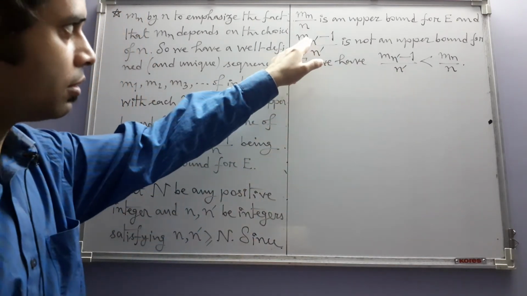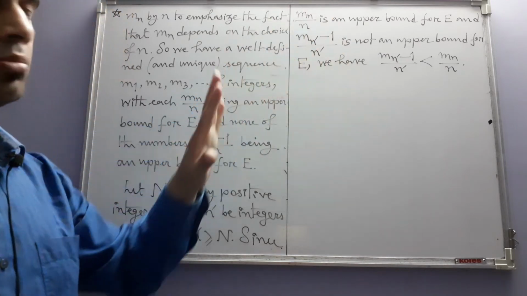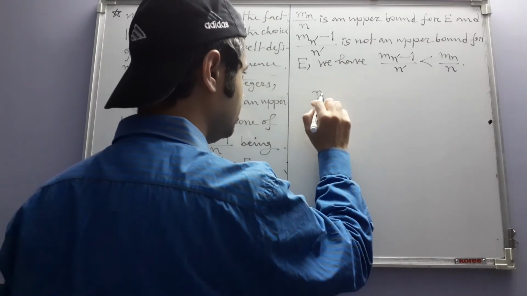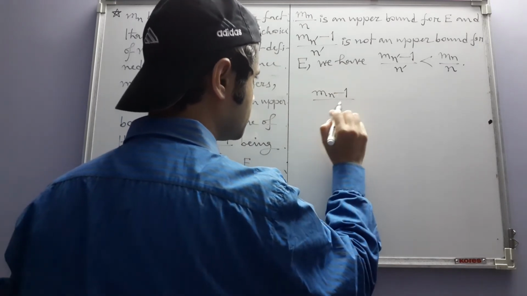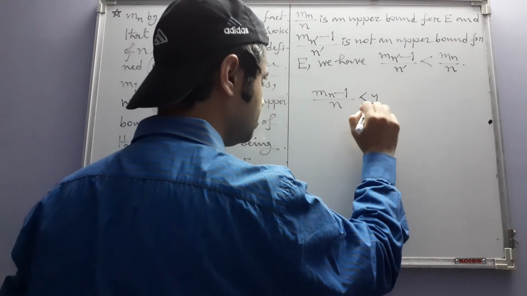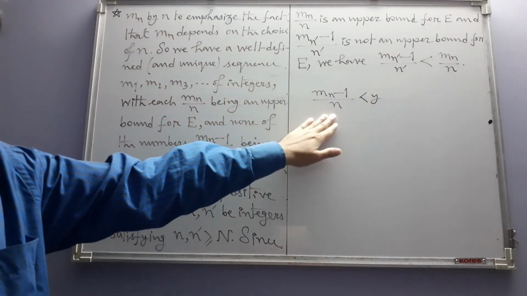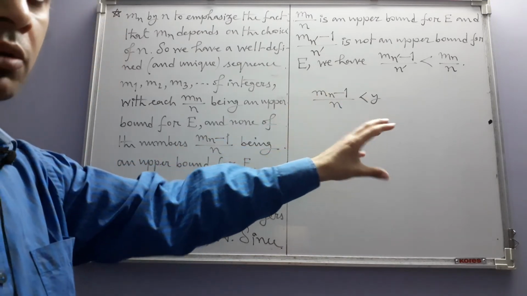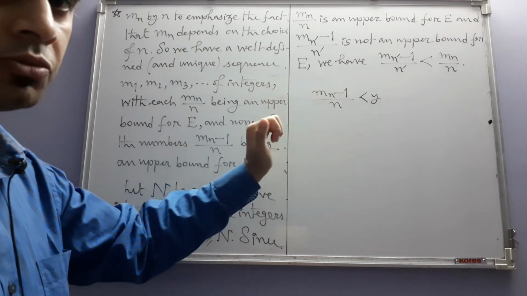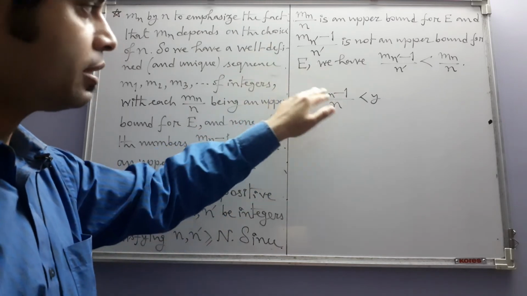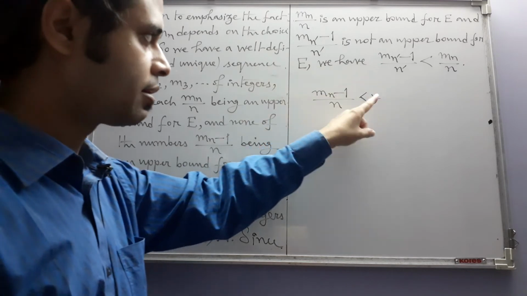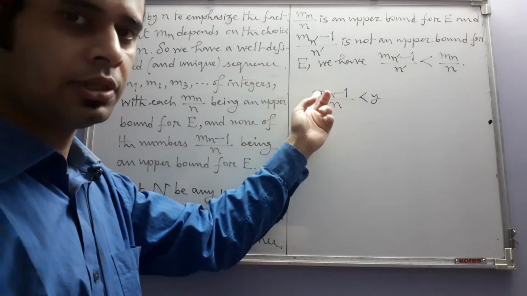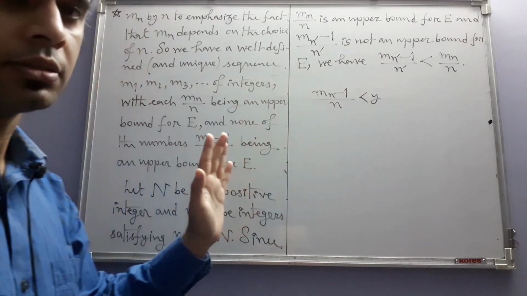You see, since this is not an upper bound for E, there will be some element in E, say y, that is strictly greater than this number, because if this number were greater than or equal to every element of E, then it would be an upper bound for E. So this not being an upper bound means there is at least one element in E which is not less than or equal to this number, that is, which is greater than this number.